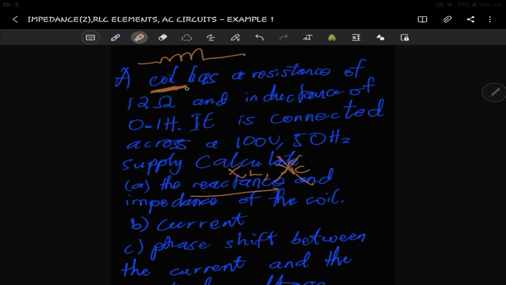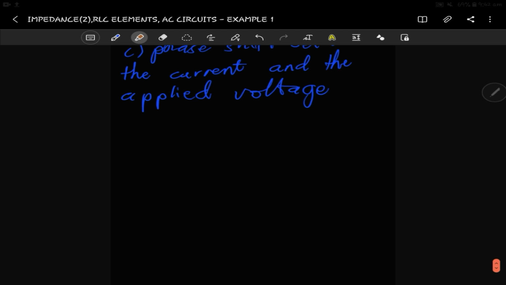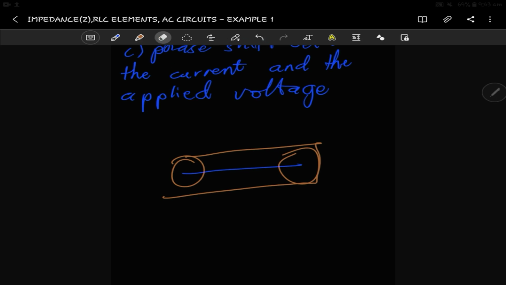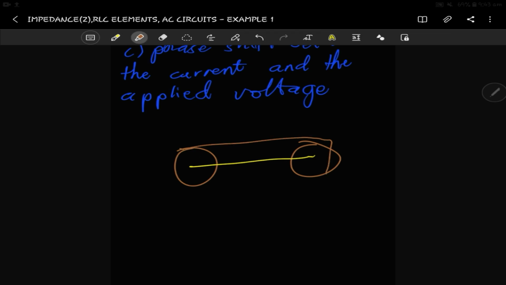And then someone asks why the coil has a resistance and an inductance, right? The reason is that if you look at a fuse, a fuse has just a straight wire inside it. That's a fuse.